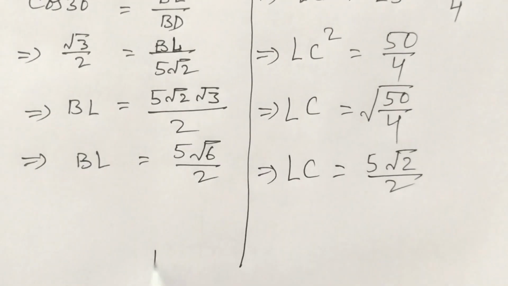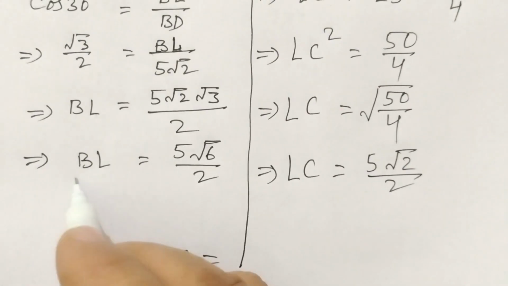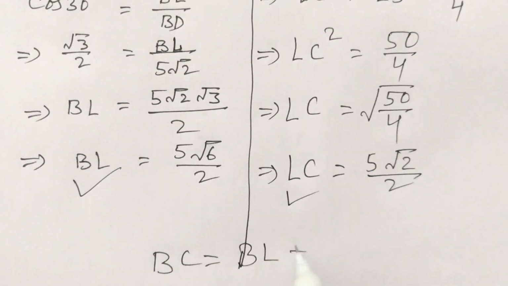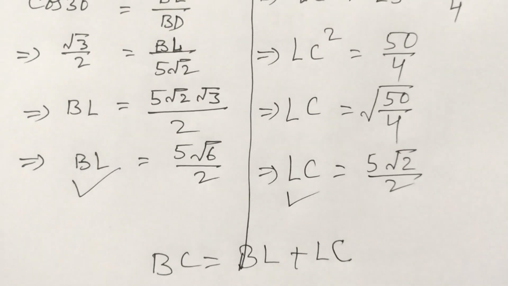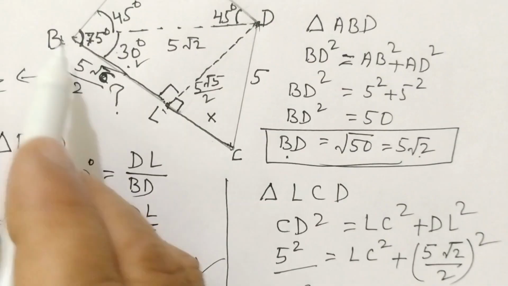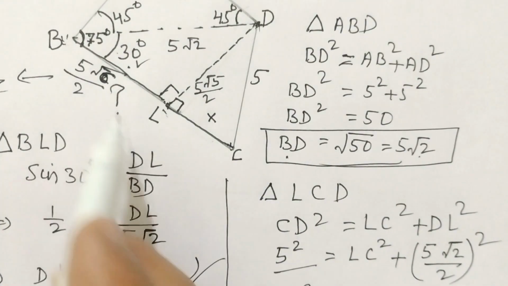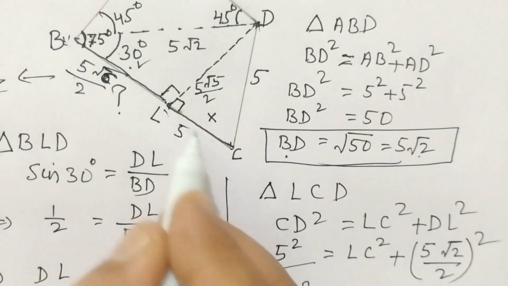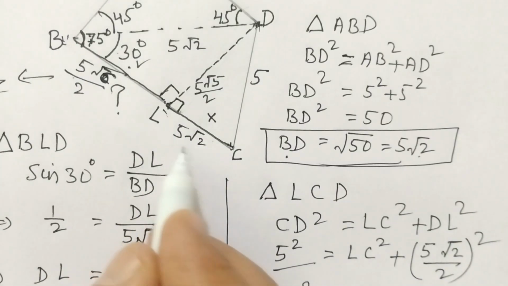So BC will be equal to BL plus LC. BL is this and LC is 5 square root of 2 over 2.